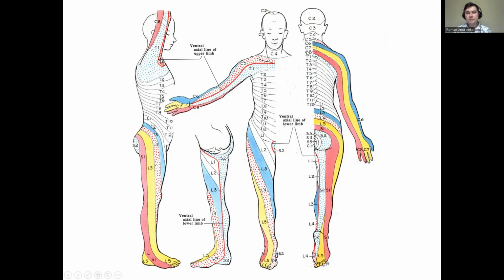This is the map of irradiation, the map of nervous innervation in our body, and it directly shows the areas in our spine, the vertebrae responsible for different zones in our body.